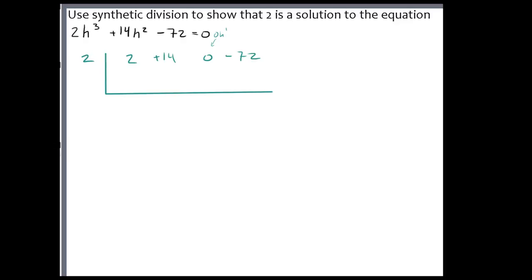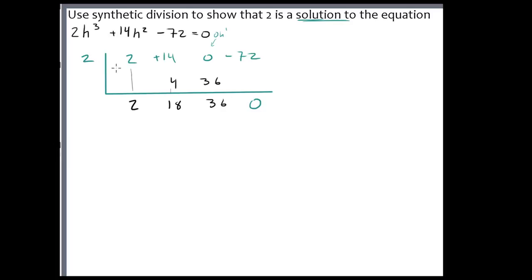If we're going to show that it's a solution, then that means we better get a remainder of 0. Alright, bring down the 2, and then multiply to get 4. Add to get 18, right? 14 plus 4 is 18. We multiply and we get 36. Now, 0 plus 36 is 36.